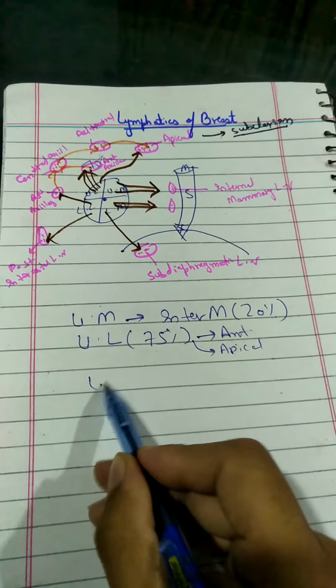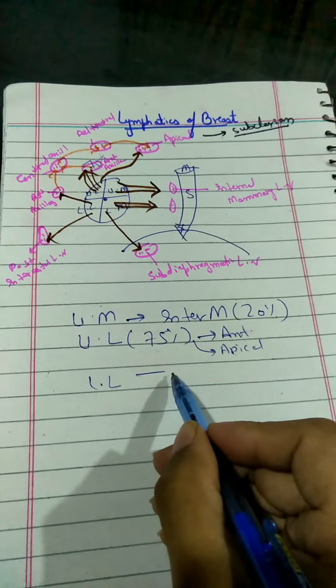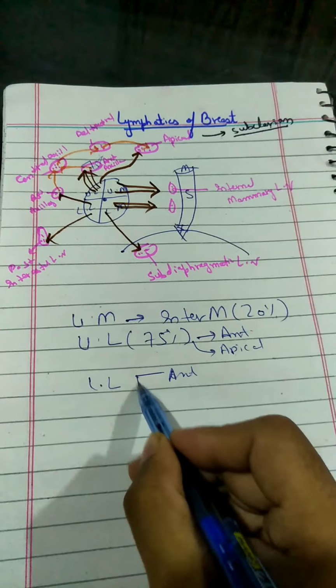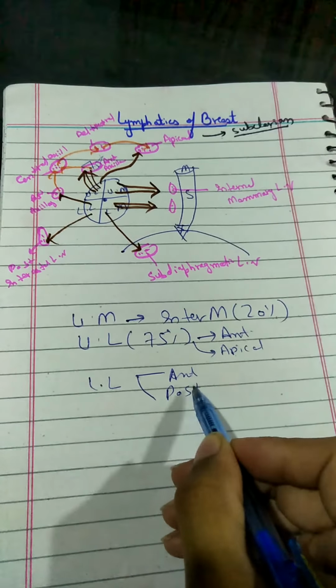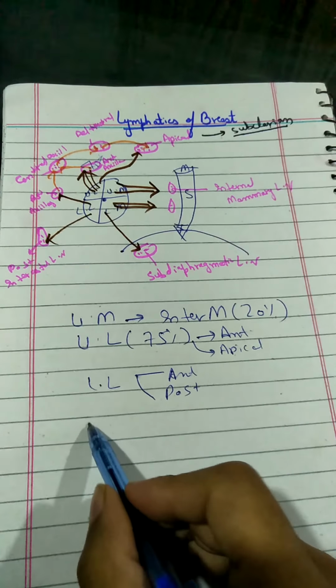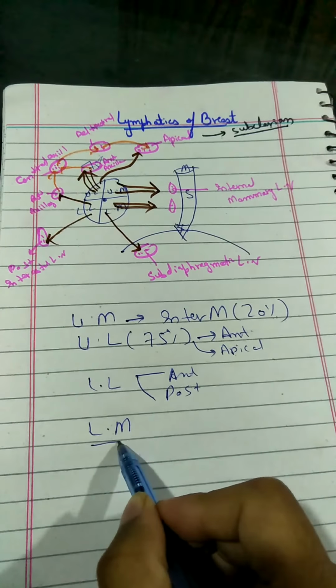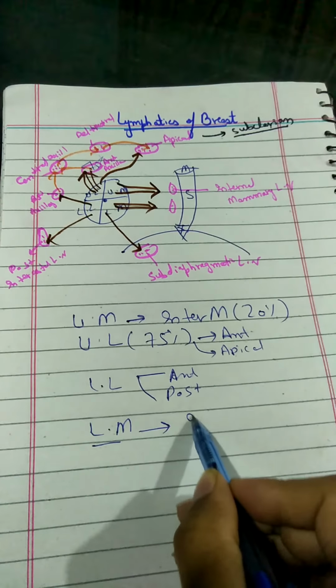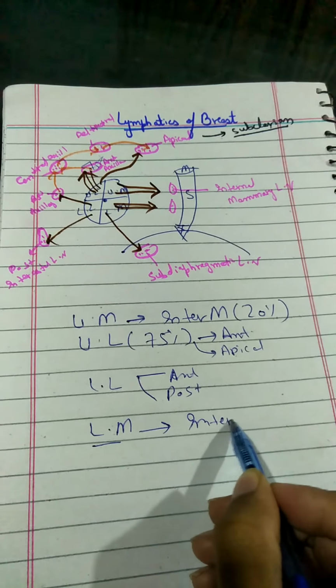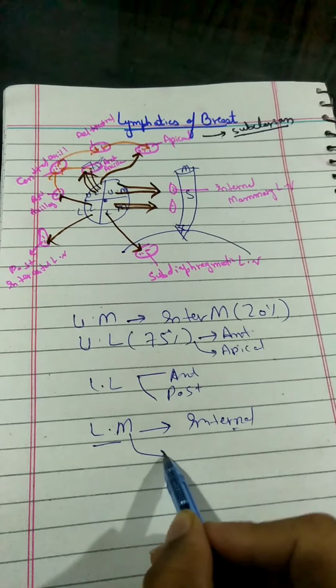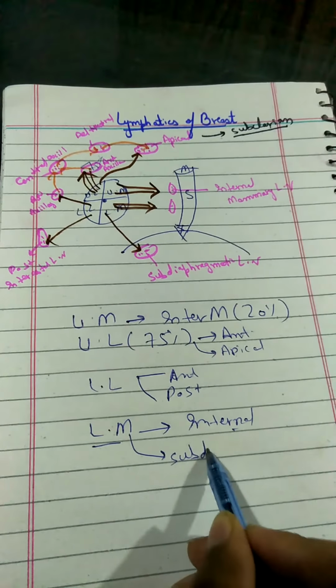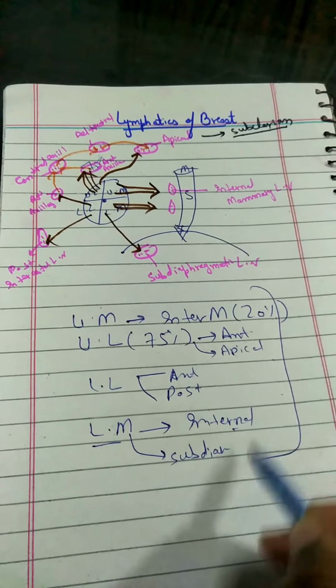From the lower lateral quadrant, the lymph drains into the anterior axillary plus posterior axillary lymph nodes, and from the lower medial quadrant, the lymph drains to the internal mammary lymph nodes and some of it into the sub-diaphragmatic lymph nodes, as shown in the figure.